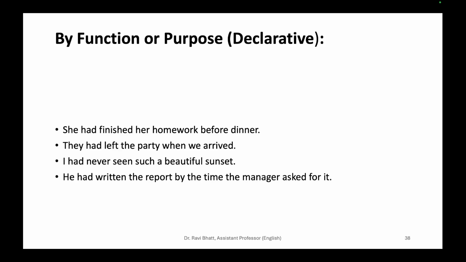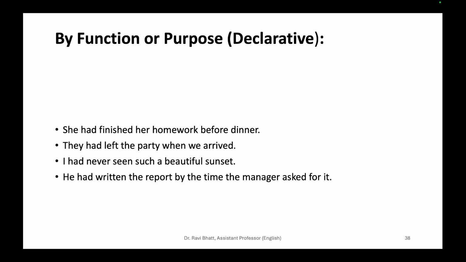Now, here's a pro tip for all of you, dear students. Most of the times, whenever we use past perfect, we would have to use the helping verb had. Now, if you very carefully look at three out of these four sentences, I must say, first, second, and fourth, there are two actions happening. Okay.